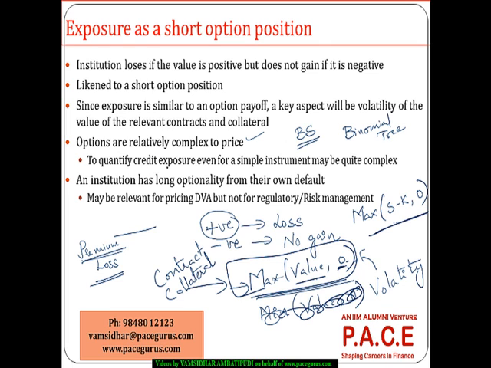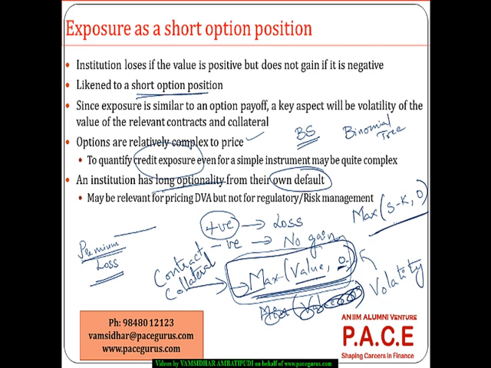And generally, options are slightly simpler, because here there is even more complexity coming up. Quantification of a credit exposure for just one simple instrument requires this kind of process, and think of hundreds of instruments for which I may have to do this similar kind of quantification of the credit exposure.